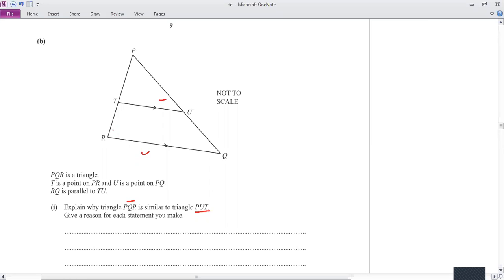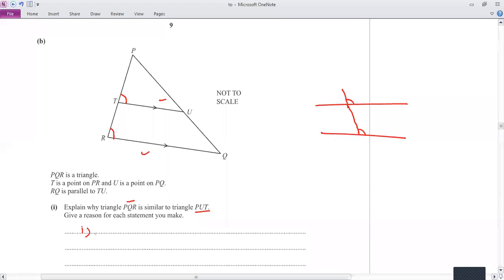So in this case, first of all, look here, this angle and this angle are the same. Are they equal or not? Because when any line crosses between 2 parallel lines, you know very well this angle and this angle will be equal. We call them corresponding angles. So first of all, angle PTU.